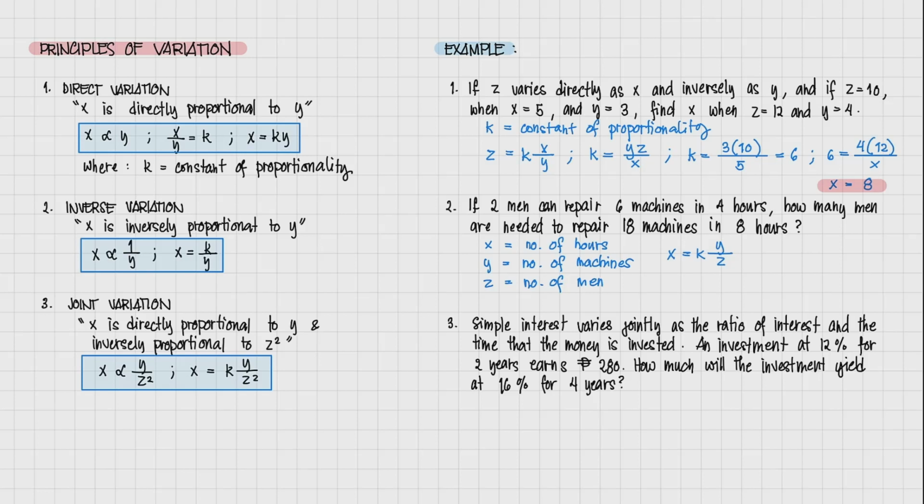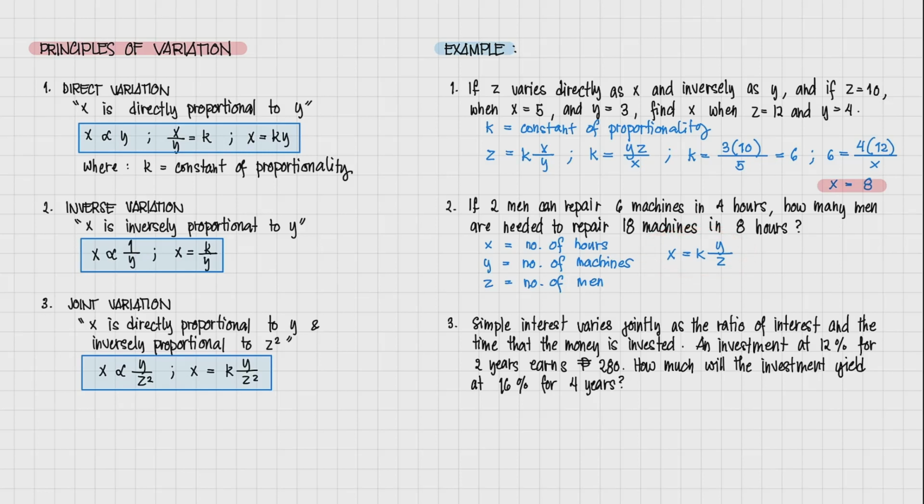From there, in the problem, 2 men can repair 6 machines in 14 hours. So the number of hours is directly proportional to the number of machines, right? While your number of men is inversely proportional to the number of hours. So this is it.